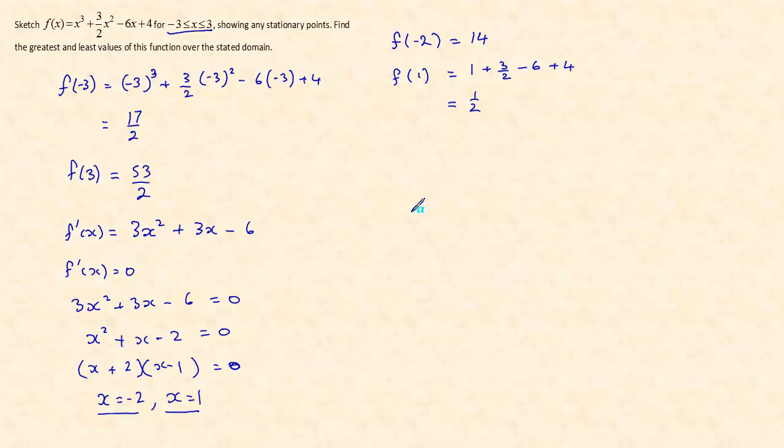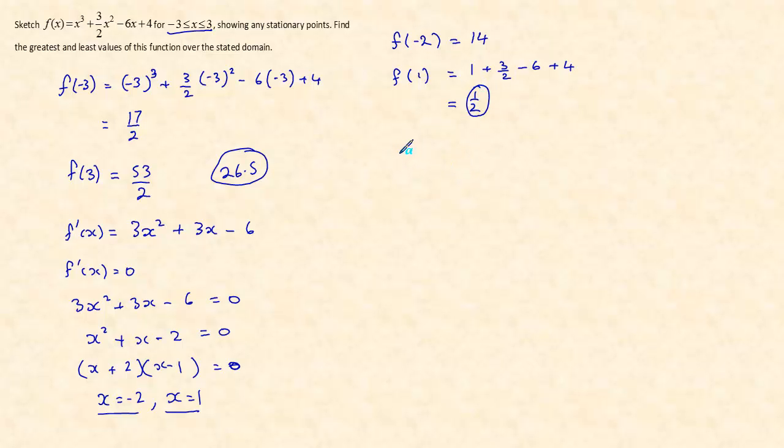So 53 divided by 2, so that would be 26.5 in decimal. So that's the highest point, and the lowest point is going to be the half here.